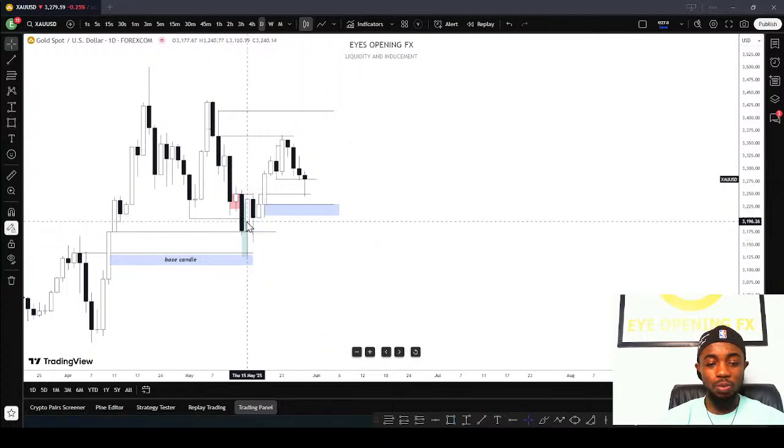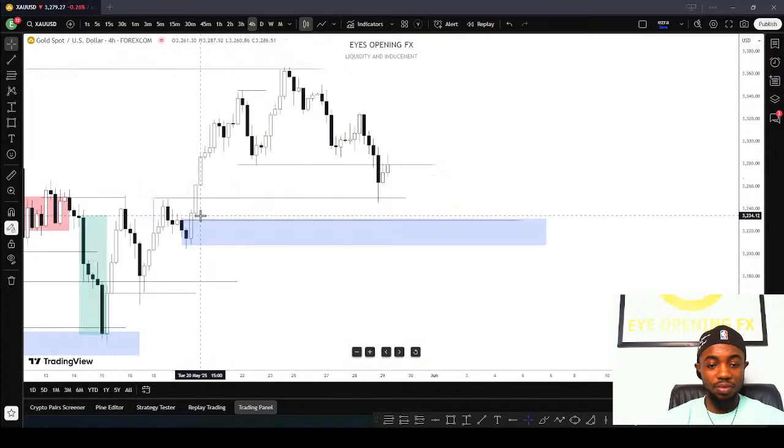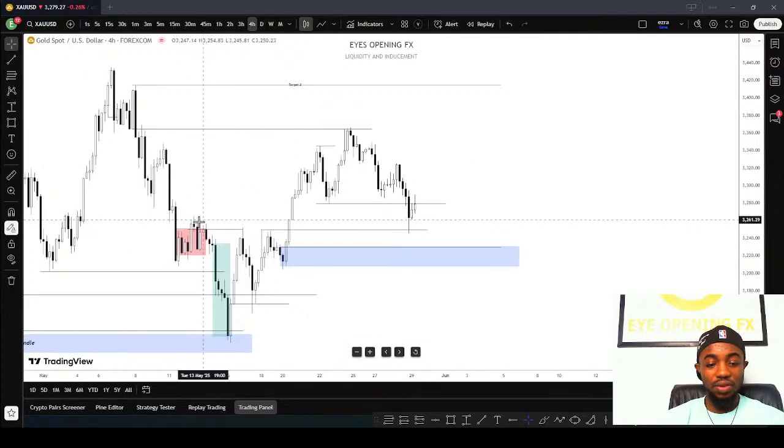Now, why am I not expecting market to come to this SC candle? The reason is simple. On the 4-hour time frame, which you can see right here, after this break of structure, market gave a clear trade away from this area.